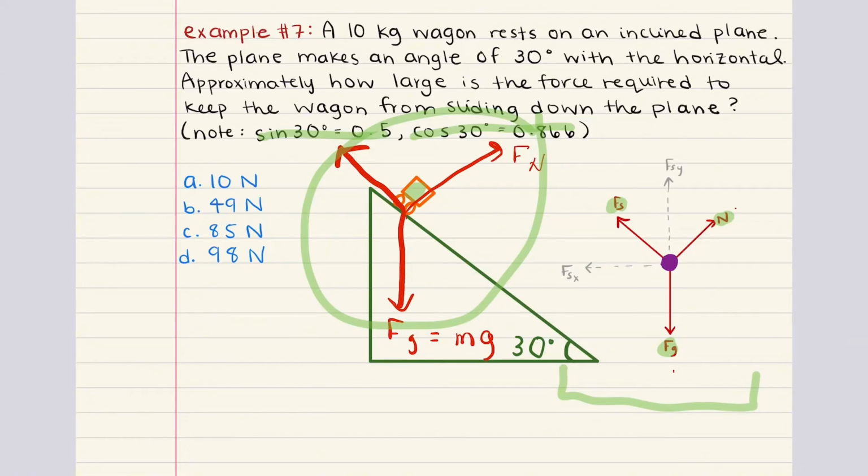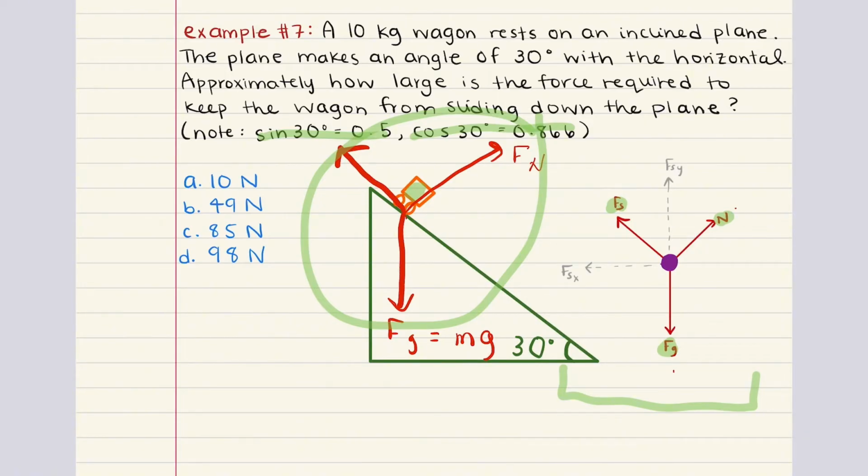And then according to what we define as our coordinate plane, we can break down some of these forces into their x and y components. Now, while these three forces are acting on the wagon, we're going to be primarily interested in the gravitational force because it is the component of gravity parallel to the incline that's going to try to move the wagon downward.